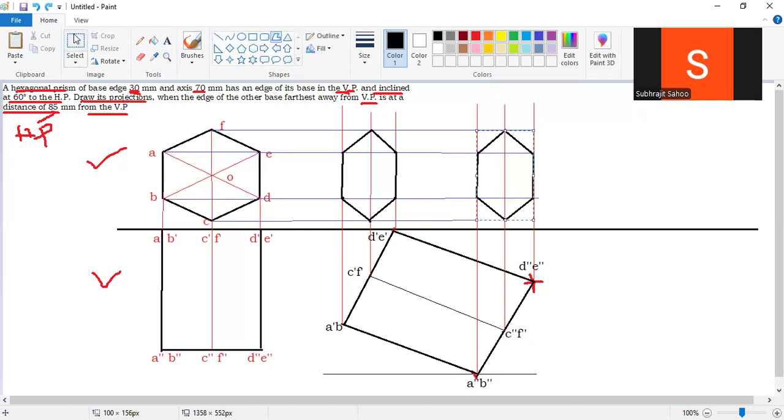Next, join here to here and here to here, right? So actually, observe, sir, observe.